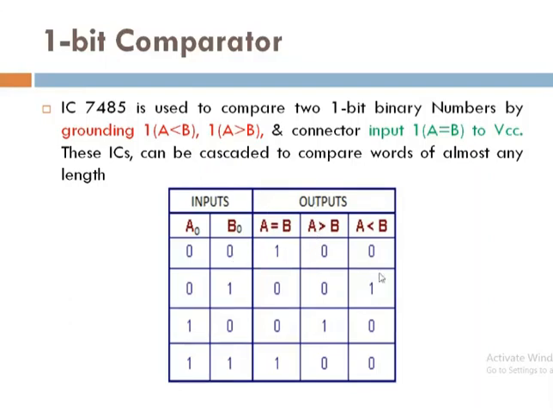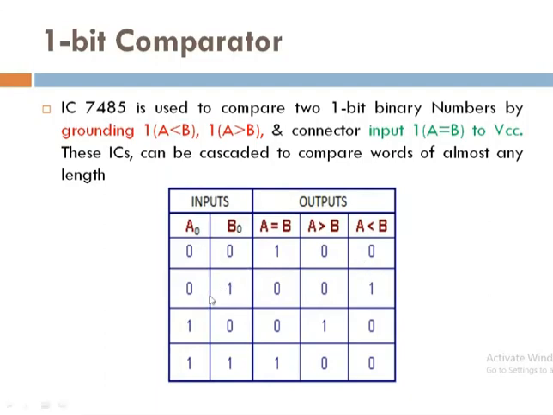In that case, A is equal to B. So this output line will be high, and the remaining two output lines will be low. When implementing these circuits on the digital trainer kits, our output is 3 LEDs. When we give the input as 0 0, only the first LED will glow, and the remaining two LEDs will be low, or 0 0.